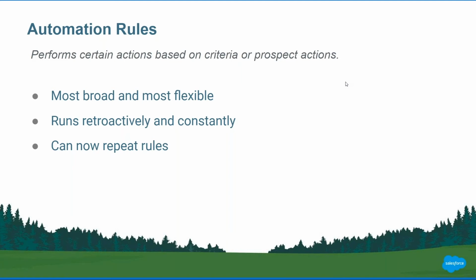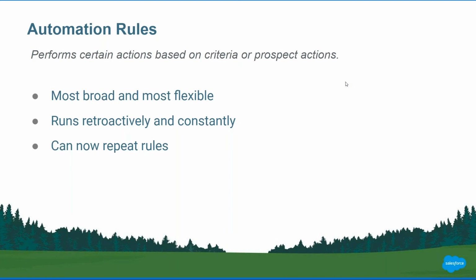And a recent feature is that it now also allows repetition. In a previous iteration of the automation rules, if you were a prospect that already matched the automation rule once, you could no longer get the actions applied to you if in the future you met the criteria again.